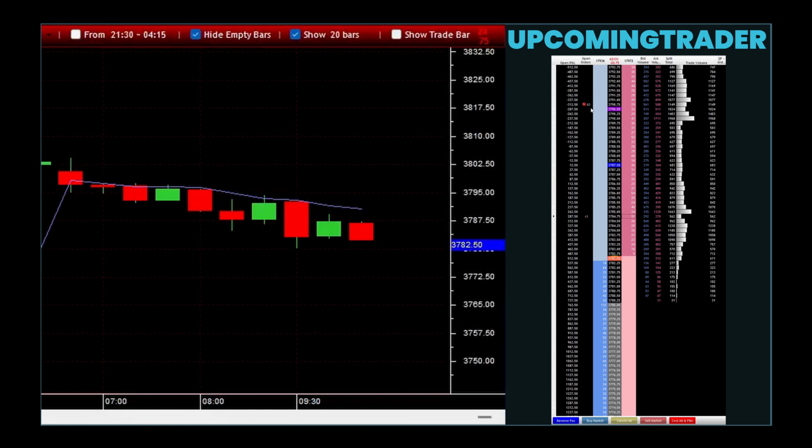This example demonstrates that employing the 3 outside down pattern for trade decisions involves careful observation, pattern confirmation, and strategic planning regarding entry and exit points. Coupling this approach with additional market analysis tools enhances the likelihood of making informed trading decisions.